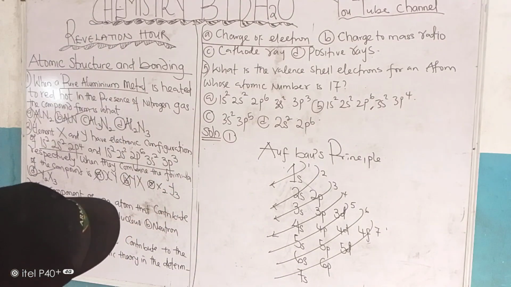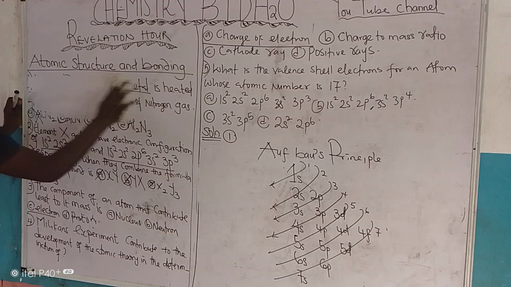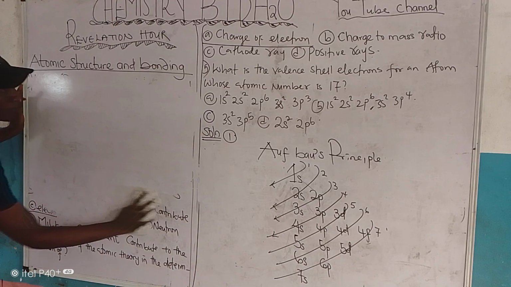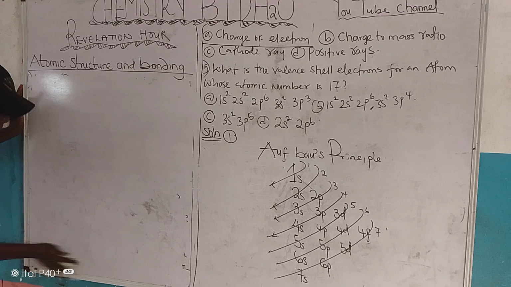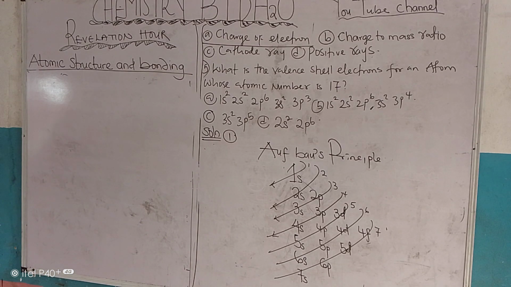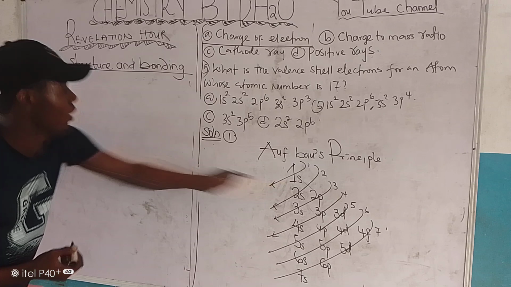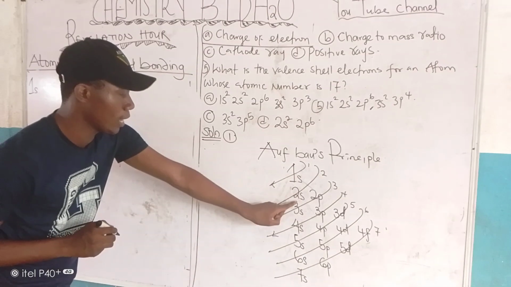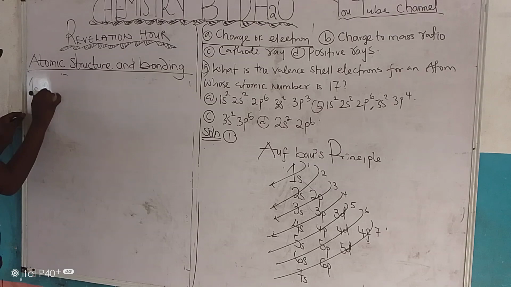Let me clean the board so that we have space for that. Now watch this. If you start here, you have 1s. The next one is 2s.